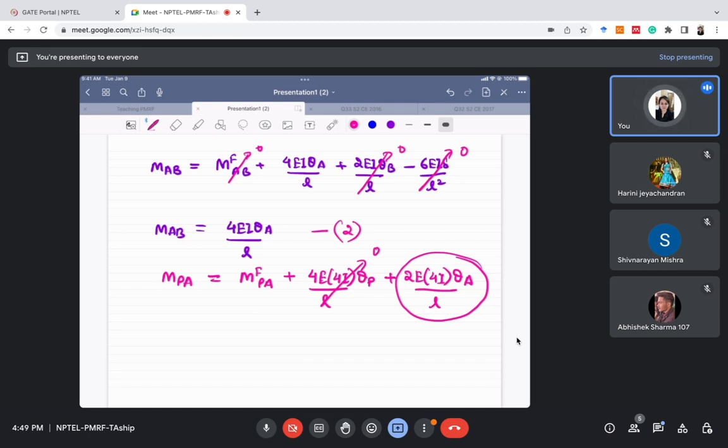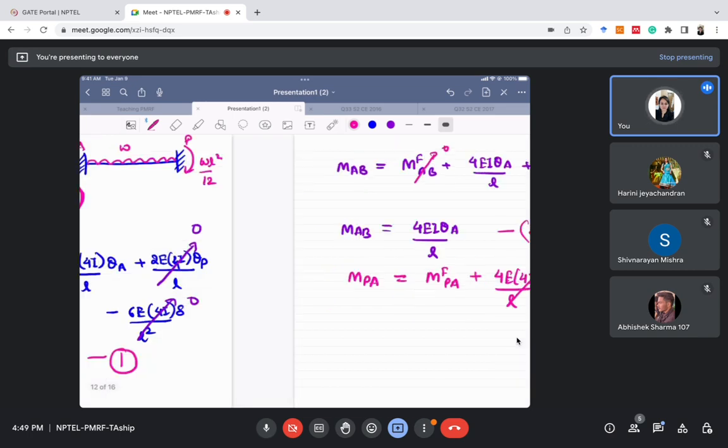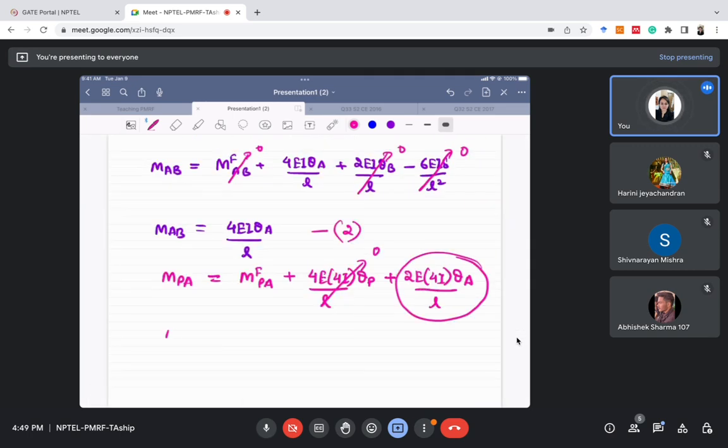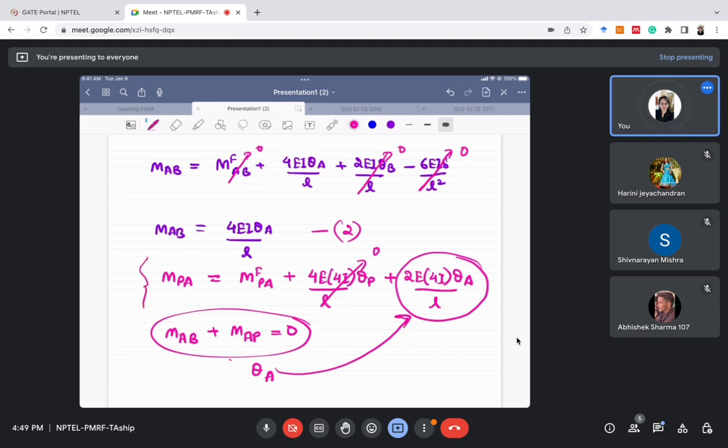So for finding theta A, we are using this equation. I can find theta A using the equilibrium equation, MAB plus MAP equal to 0. If I solve this equation I'll get the value of theta A, and that theta A value I'll use in this equation and find the value of MPA. Finally I need to give them the value of MPA.